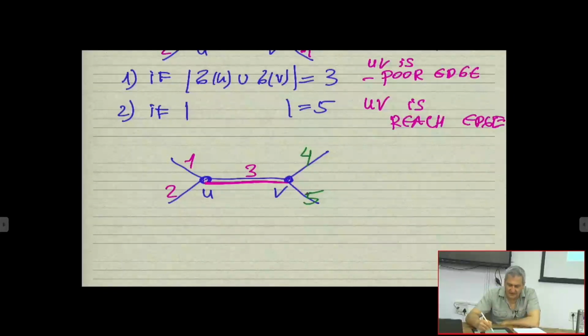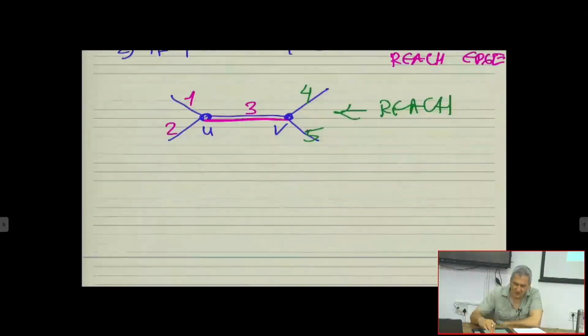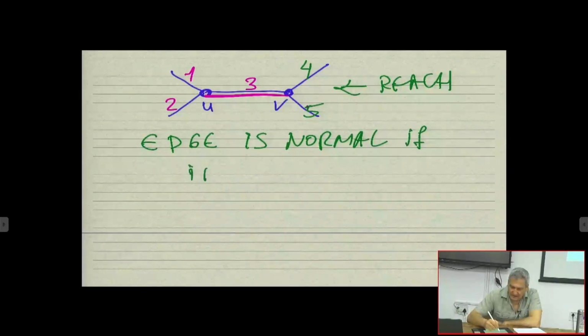Then it is rich. So we like to have all edges poor or rich. So we say an edge is normal if it is poor or rich.